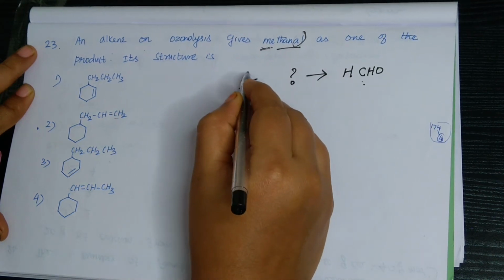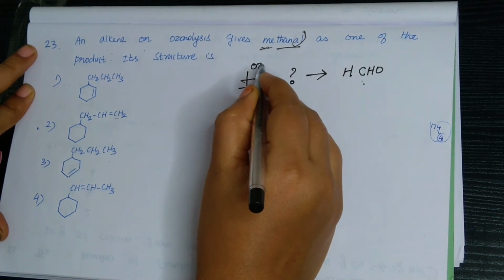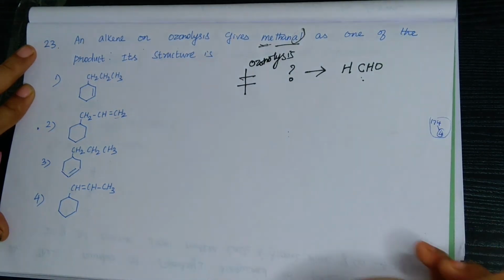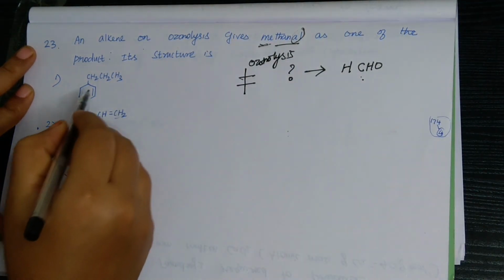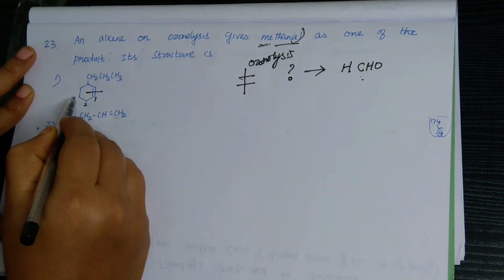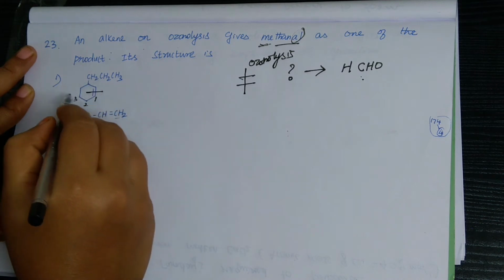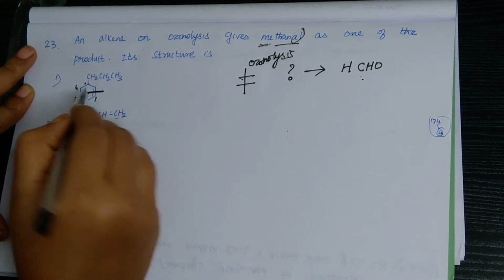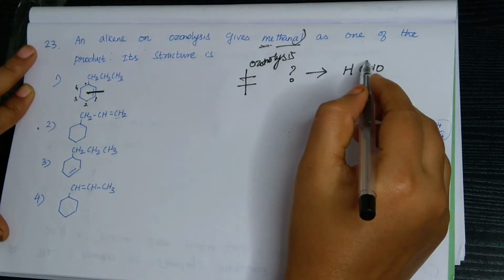See here, breaking of the double bond takes place in ozonolysis. In this case, if you break a double bond here you will be having 1, 2, 3, 4 and 5, 6. So if you break a double bond here, you will not be getting a single carbon.